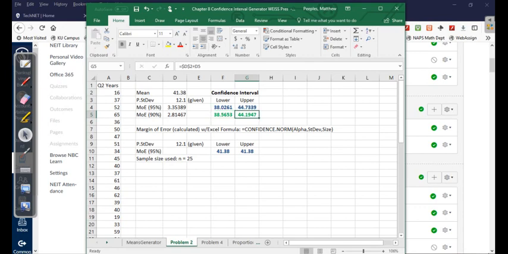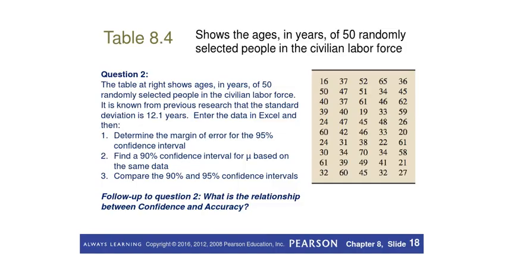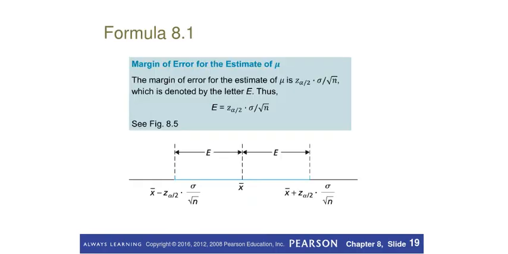All right, well, let's take a look at our slide here and what this means. Remember that our margin of error basically is going to be that z alpha over 2 times sigma divided by the square root of n. That is our standard deviation for the population divided by the square root of our sample size. We designate that using the letter E. Thus, here's our calculation.